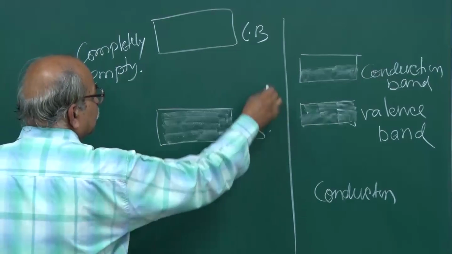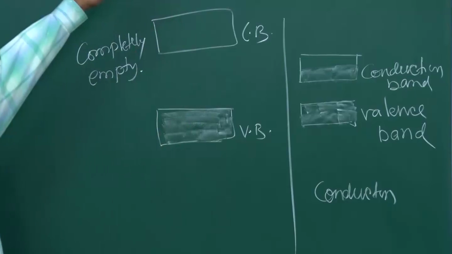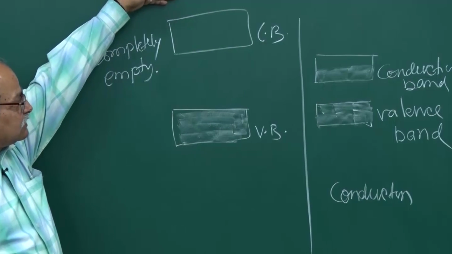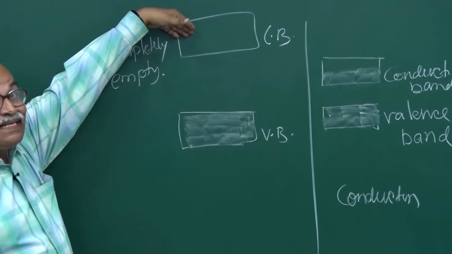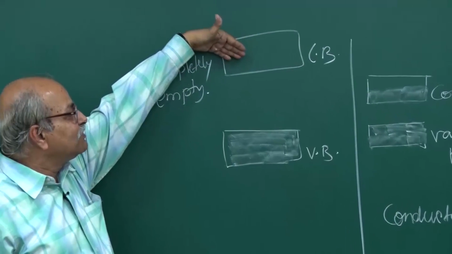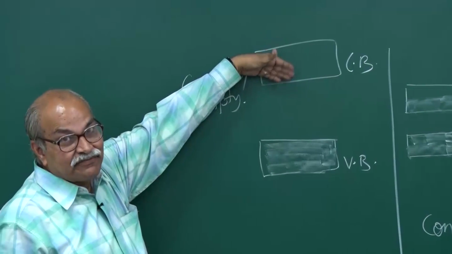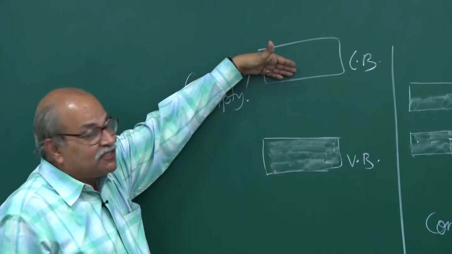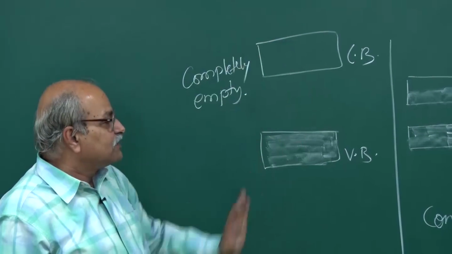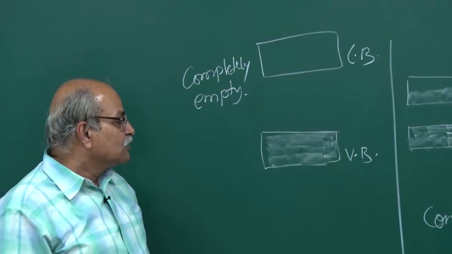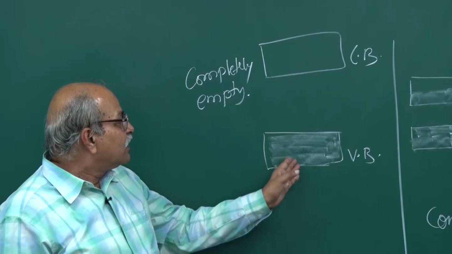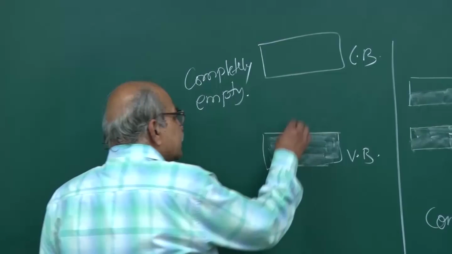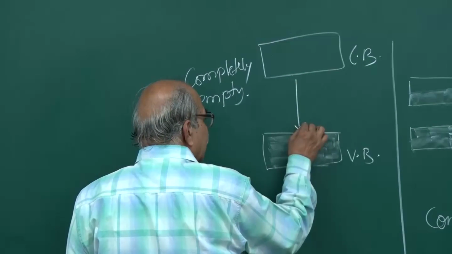So this is also possible, as I defined. If you come from the top, the first band not completely filled, it's certainly not completely filled, it's not even partially filled, but certainly not completely filled, is the conduction band, and this is the valence band. At low temperatures, 0 K, this is the kind of situation, and this energy gap is large.